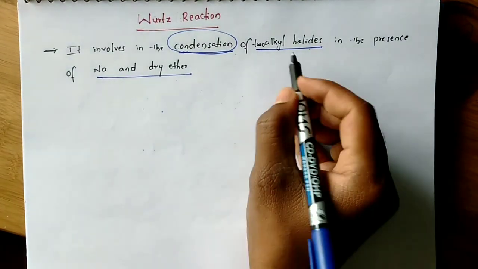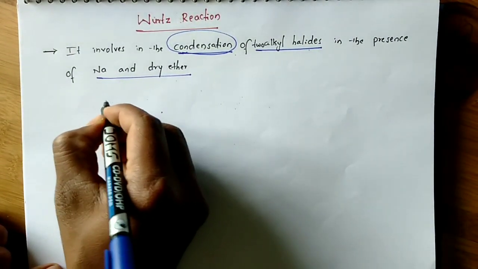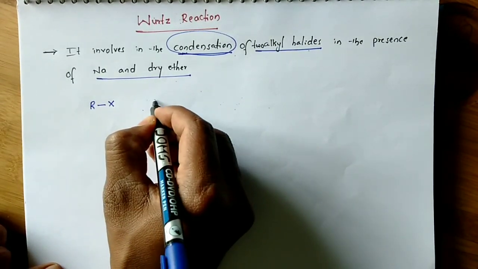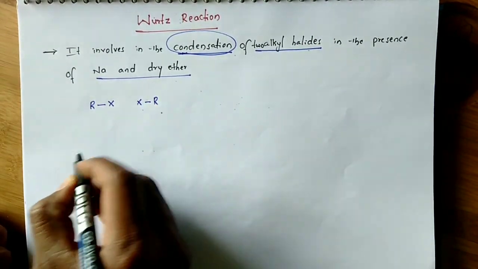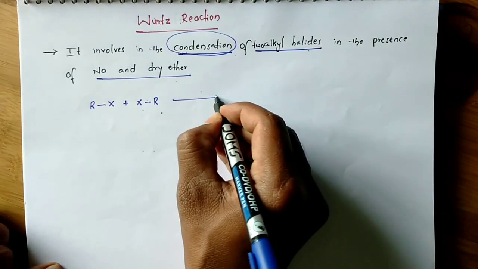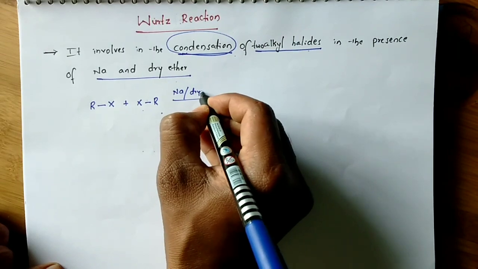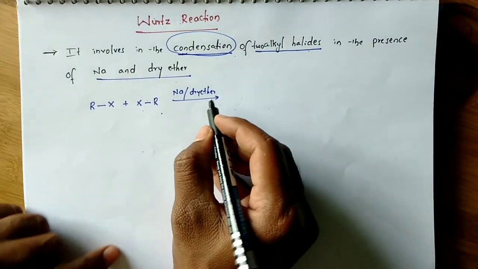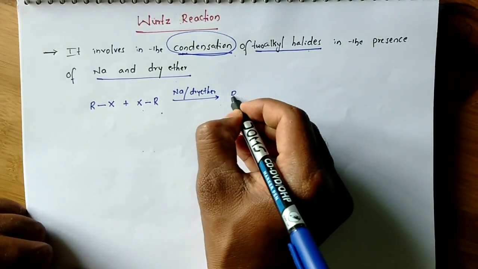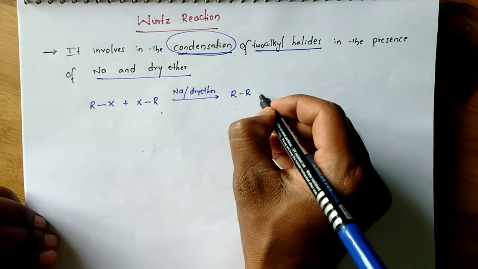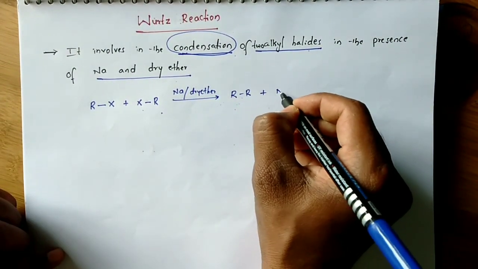It involves the condensation of two alkyl halides. I'm taking two alkyl halides like this. These two condense with each other in the presence of sodium and dry ether, and we will get one alkane and sodium halide.